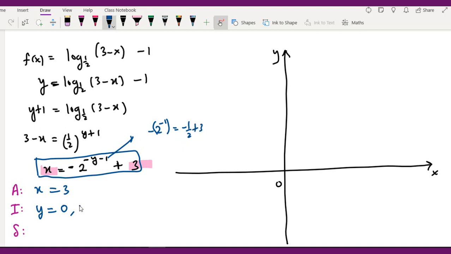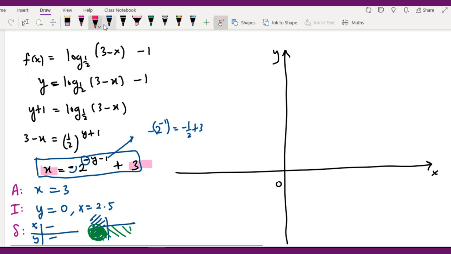The answer is x is equal to 2.5. And the starting point, x, y: for x this is negative, and also for y this is negative. So x negative is in the second and third quadrant, and y negative is in the third and fourth quadrant. So the starting point is in the third quadrant.